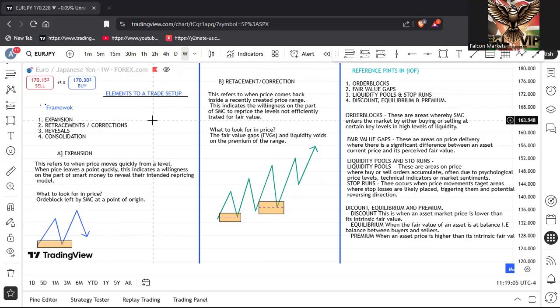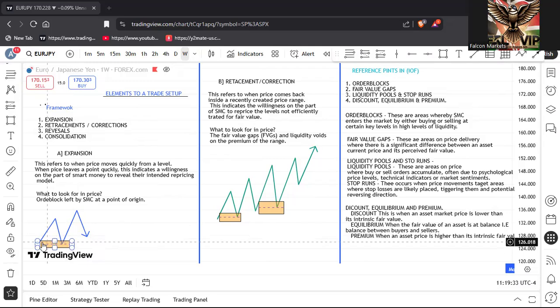This refers to when price moves quickly from a level, when price leaves a point quickly. This indicates a willingness on the part of the smart money to fulfill their intended repricing model. So, what do you look for in price after the impulsive move from a point? You look for the order block left by the smart money at the point of origin of that expansion.